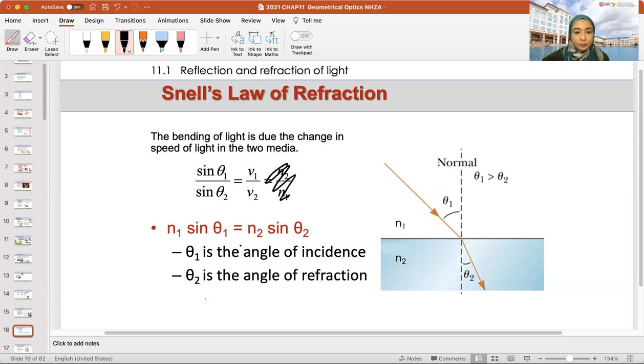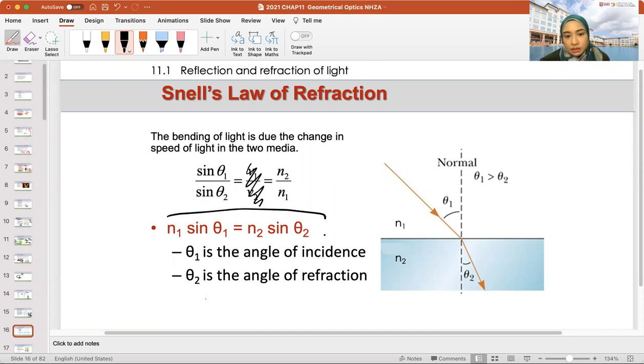Abaikan dulu yang ni. So kita rearrange this. Saya kena abaikan V. Kita tahu when we have different V's, we will have different N's, right? So here, Snell's law tells us N1 sine theta 1 is equal to N2 sine theta 2.